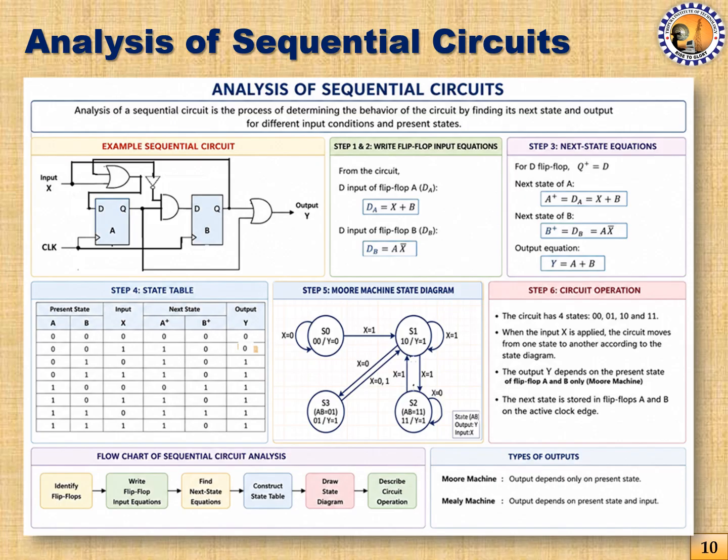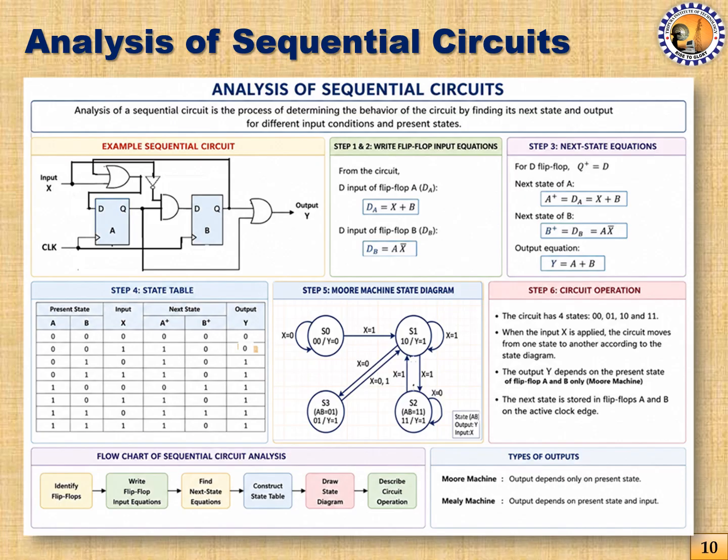That means this is a synchronous sequential circuit, and there is some combinational part to it. As we have discussed in the previous slide, input combinational logic and output combinational logic are part of sequential circuits.